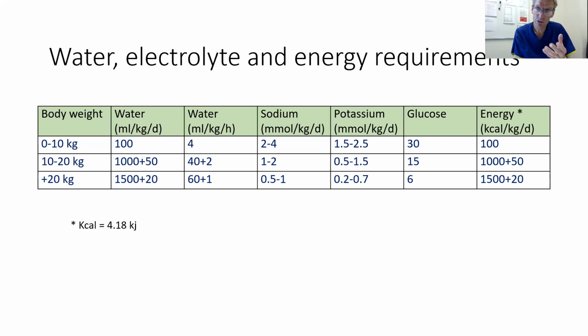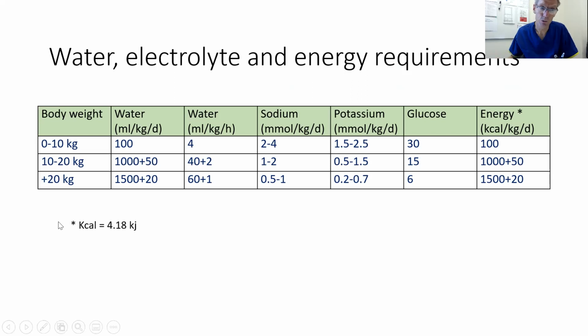And I've described in this table how you calculate the 150-20 rule. So the 150-20 rule is the amount of water in mils per kilogram per day a child needs. And the 4-2-1 rule is the amount of water in mils per kilogram per hour that a child needs, right? 150-20 mils per kilogram per day, and the 4-2-1 rule, mils per kilogram per hour.